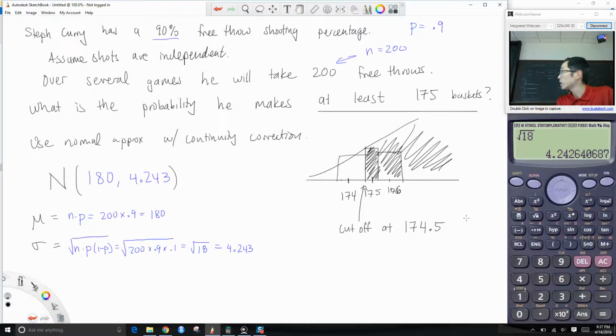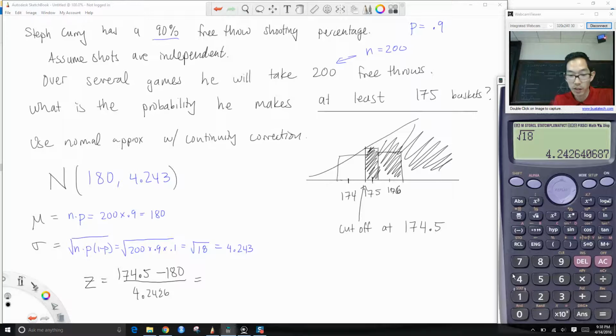All right, and so at this point I'm going to get a z-score. z is equal to 174.5 minus the mean of 180, divided by the standard deviation of 4.2426, whatever, which I'm just going to write as the square root of 18.